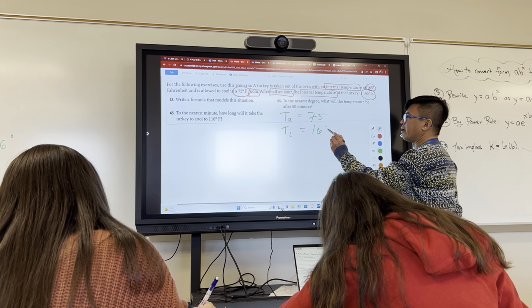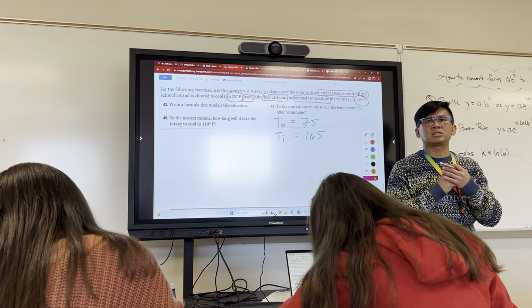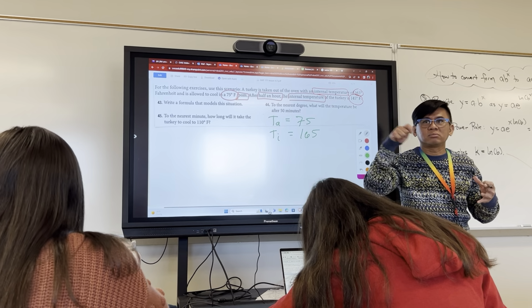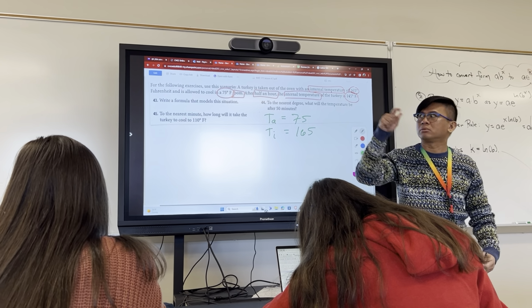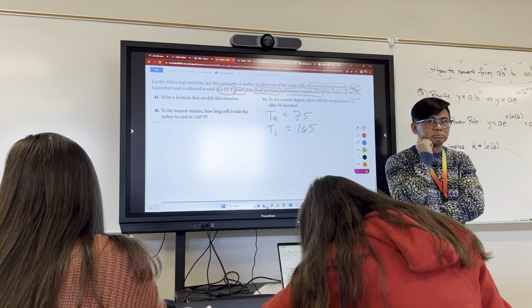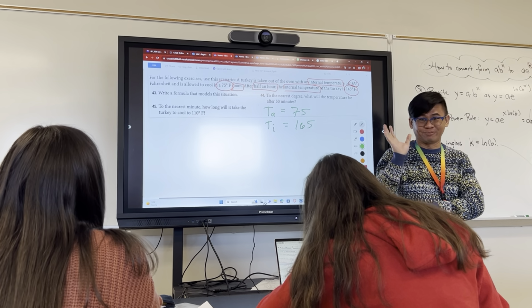Typically, anything that's poultry-based, you stick a thermometer in there, it has to be 165. If it's not 165, don't eat it. Are we good? Don't eat it.